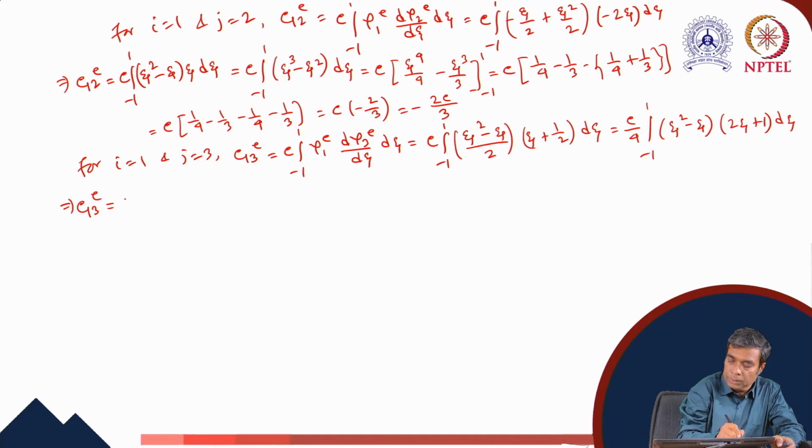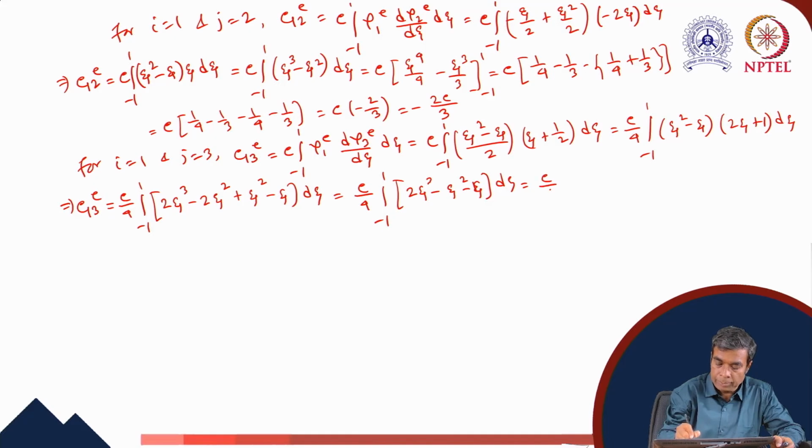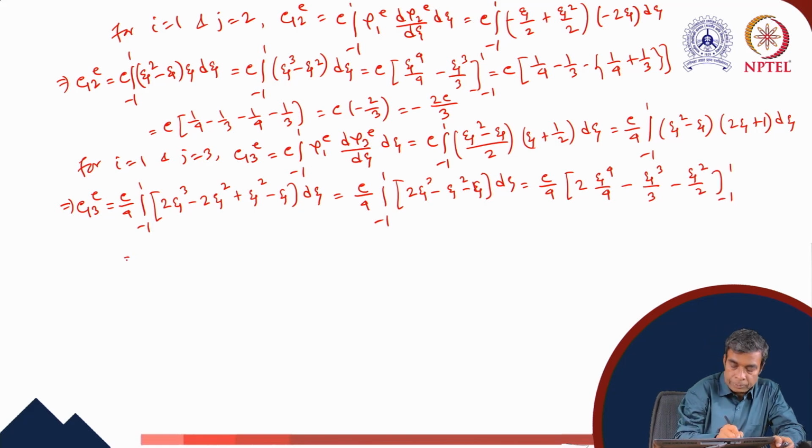C13e equals c by 4 integration from -1 to 1 of 2 xi cube minus 2 xi square plus xi square minus xi d xi, equals c by 4 integration from -1 to 1 of 2 xi cube minus xi square minus xi d xi, equals c by 4 into [2 into xi to the power 4 by 4 minus xi cube by 3 minus xi square by 2] from -1 to 1, equals c by 4 into (half minus 1/3 minus half minus half plus 1/3 minus half).